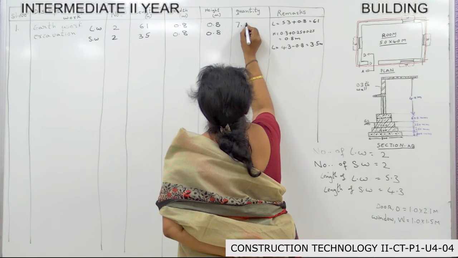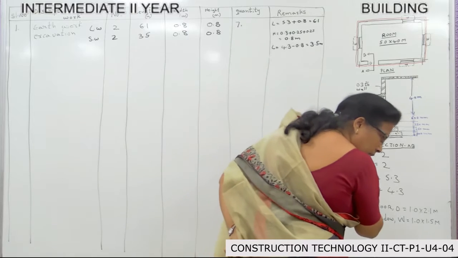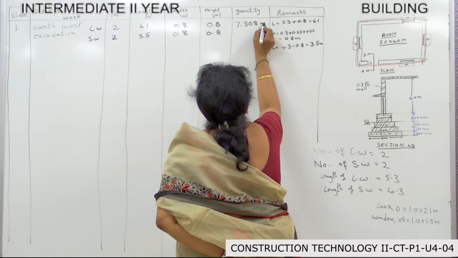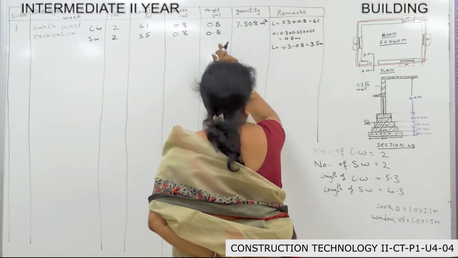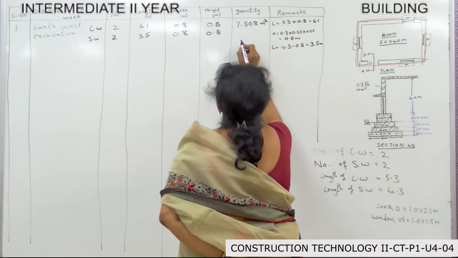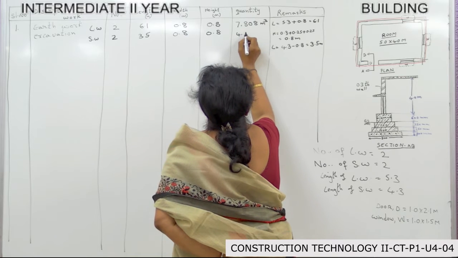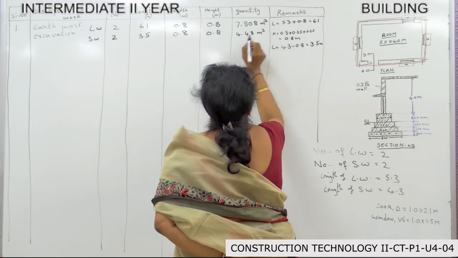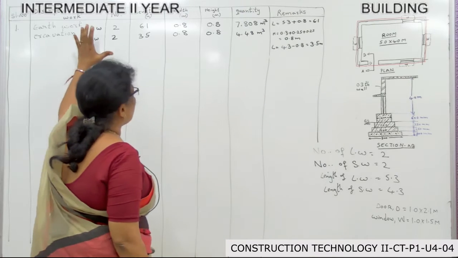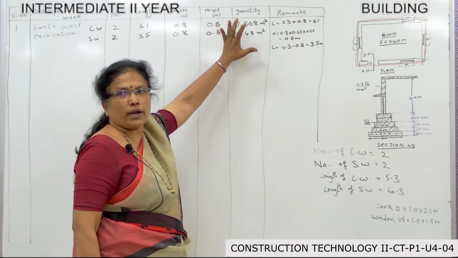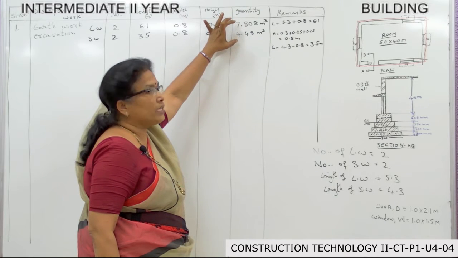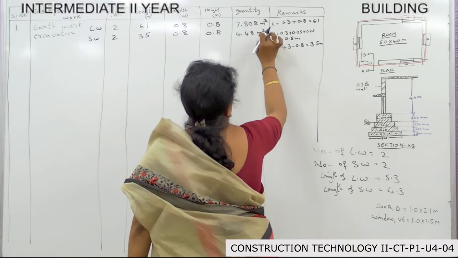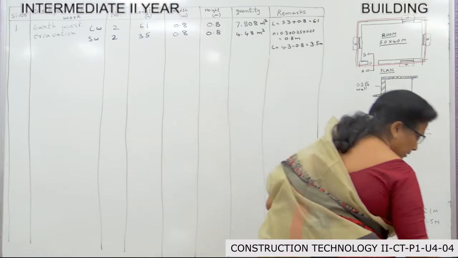So this is coming to 7.808 cubic meters, and this is coming to 4.48. So now this whole item is one item. We need to add these two items.